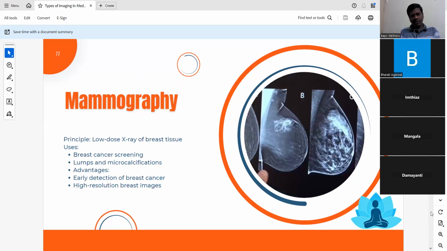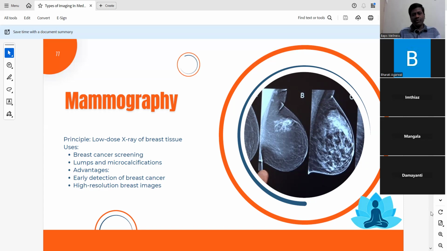Another one commonly used by female patients is mammogram, where low dose X-rays are used to study the breast tissues to check normally for any breast cancer.